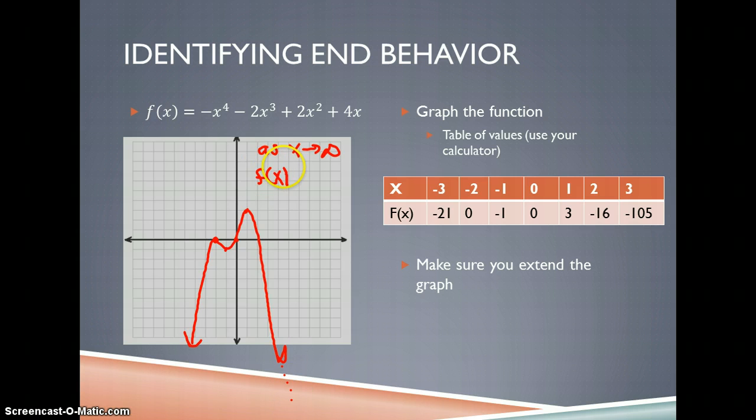So f of x approaches negative infinity as our x values get bigger. As our x values get smaller, as x goes to negative infinity, f of x also goes to negative infinity. That's what we have there.